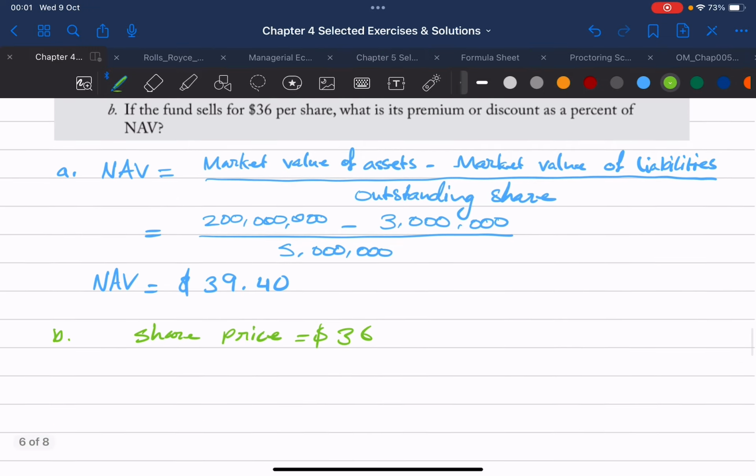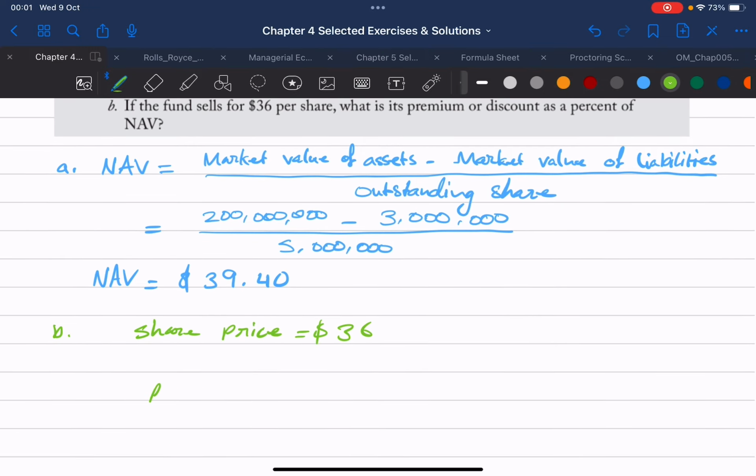So in order to calculate the premium or discount, we use the following formula. The price minus NAV, or net asset value, divided by net asset value again.